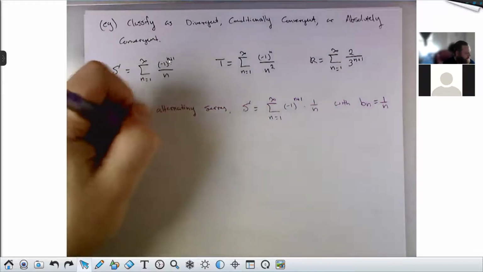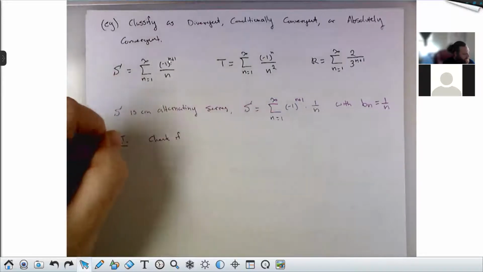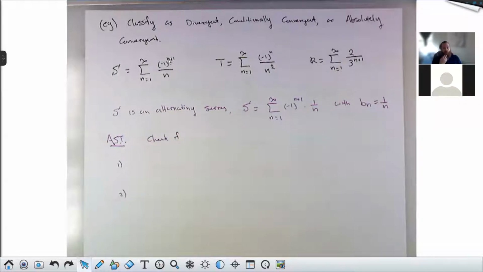We need to check if two things are true. What are the two things we need to check in the alternating series test? Very good. I need to check that the Bn are decreasing.